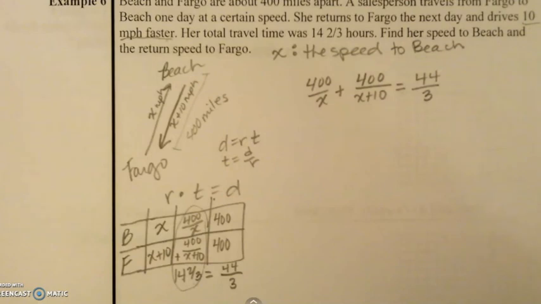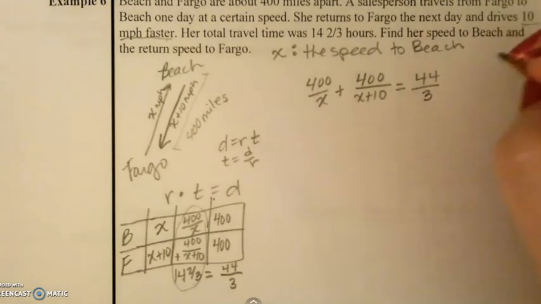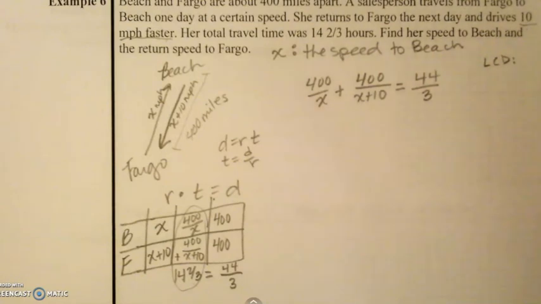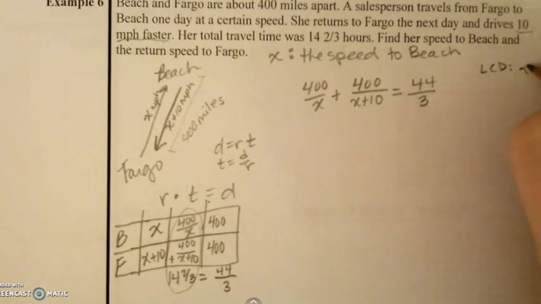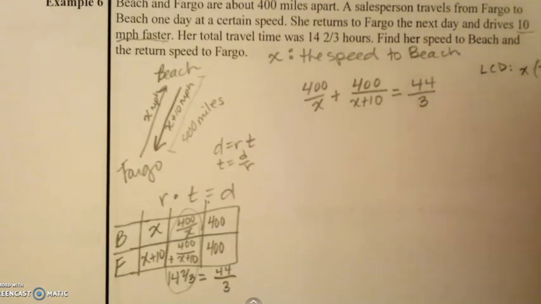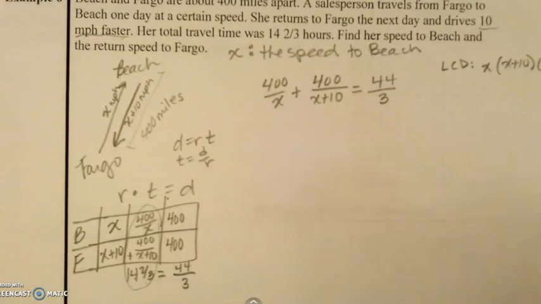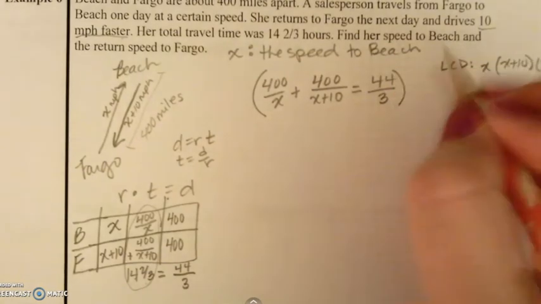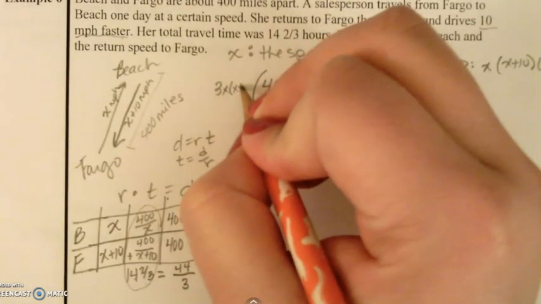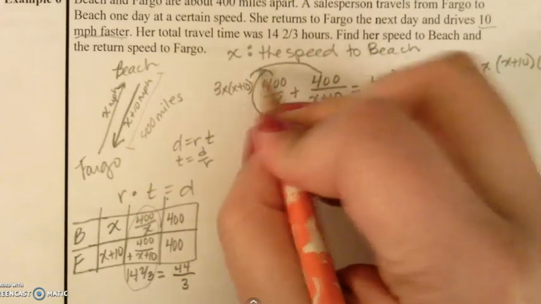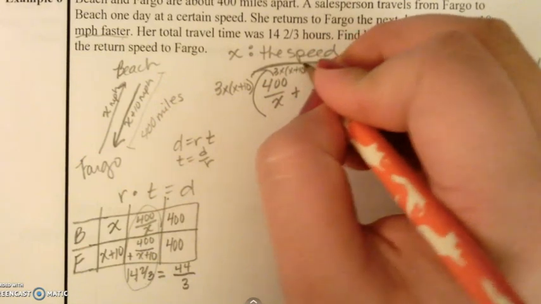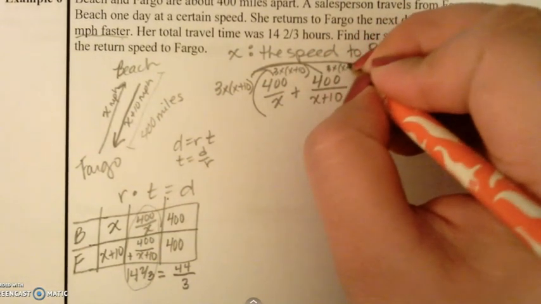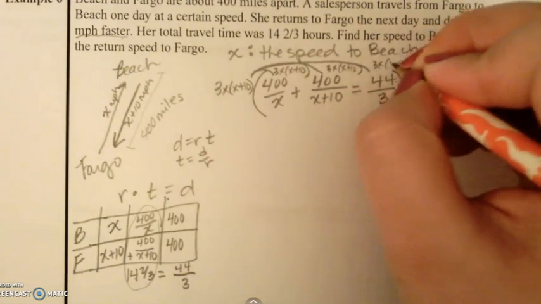Now we have a rational equation, which means we want to find the least common denominator and multiply everything by it. So our least common denominator here, we have a factor of x plus 10, and a factor of 3. What that means is I'm multiplying everything here by 3x times x plus 10. 1, 2, 3 terms. 3x times x plus 10, 3x times x plus 10, 3x times x plus 10.